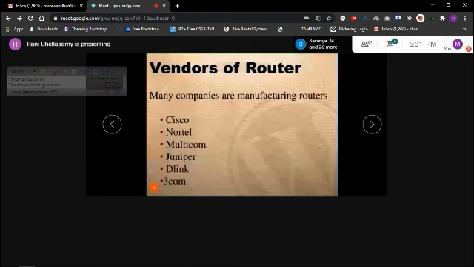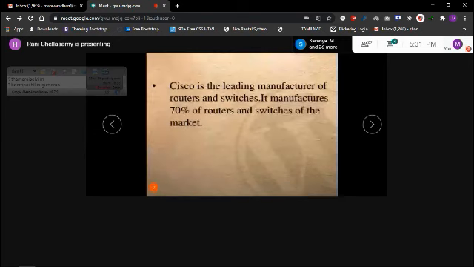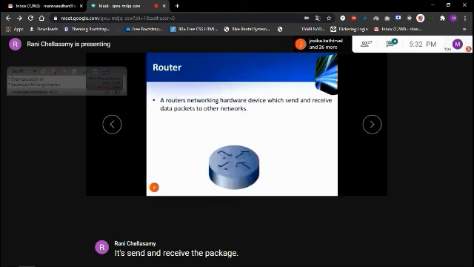And Cisco is the leading manufacturer of routers and switches. It manufactures 70% of routers and switches of the market. Router is a hardware device which sends the packets and receives the packets to other networks. It's used for sending and receiving, forwarding the packets to the other network.